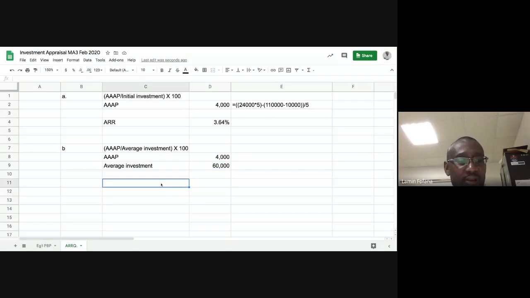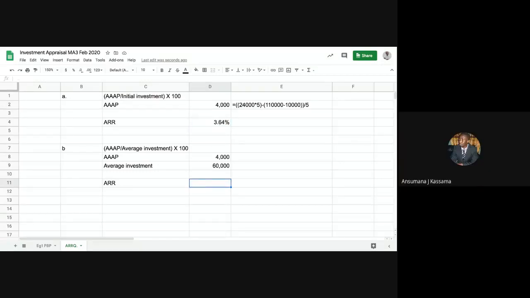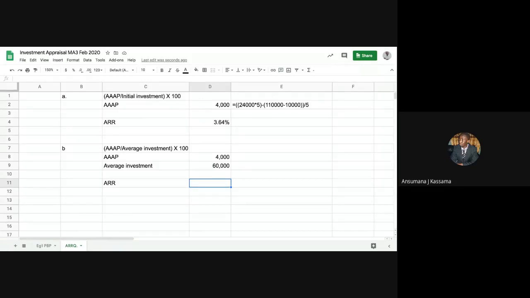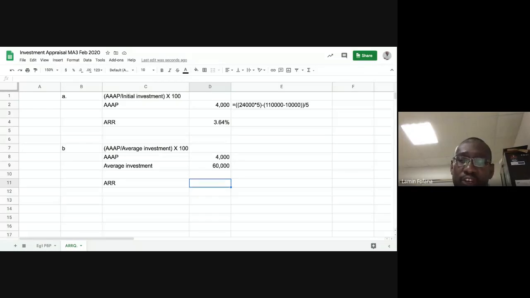Okay, so now we have our ARR. This is our ARR. So can someone give me the formula for the ARR? Divided by, no. Just tell me how I should do it on spreadsheet.